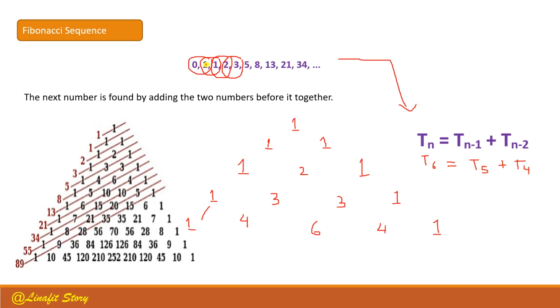The fifth term is 1, 2, 3, 4, 5. The fifth term is 3, while the fourth term is 2. 3 plus 2 is equal to 5.